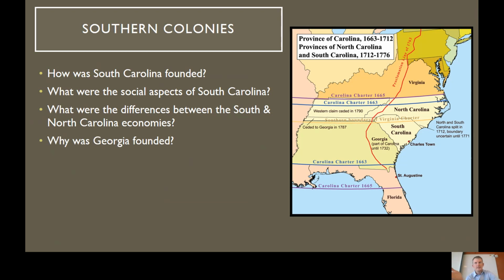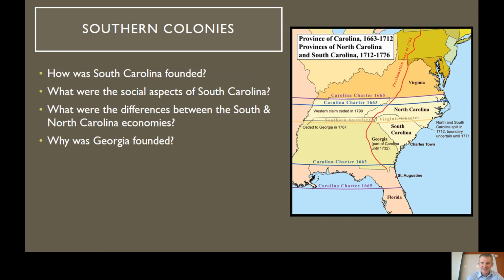Georgia is actually set up as a colony for debtors, meaning you owed money, so we're sending you over to Georgia. It was also set up as a buffer state because right here is Florida, which is controlled by the Spanish. You create the Georgia colony as a buffer so that if the debtors get run over by the Spanish, at least it wouldn't be the Carolina colonists.